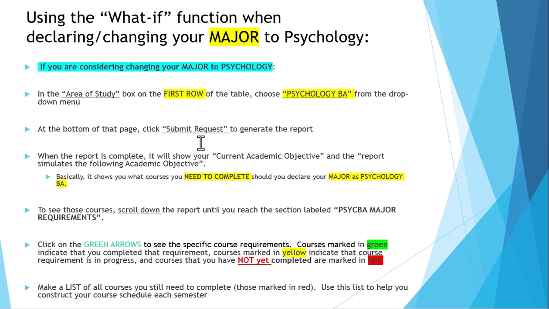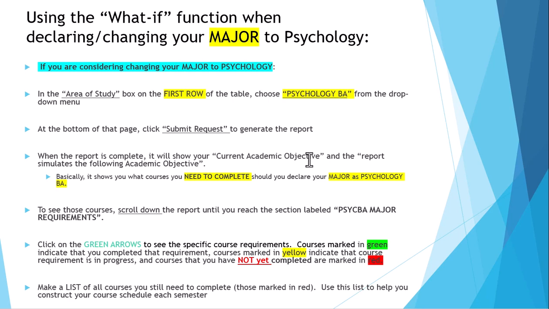Now, at the bottom of the page, once you've chosen Psychology BA, submit the request to generate the report. When the report is complete, what will show up is your current academic objective, and the report simulates the following academic objective.